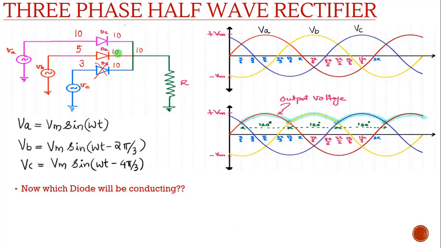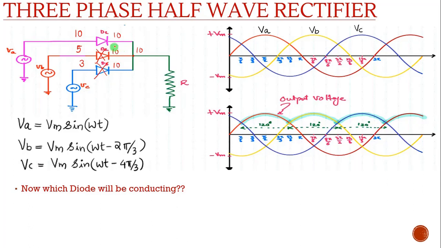If it is 10 volt, you can see in anode side it is 5 volt and cathode side it is 10 volt. So what will be happening? Diode D2 will become reverse bias. So you can see that at a particular time only one diode will be conducting.